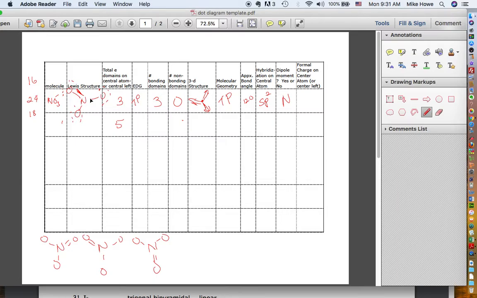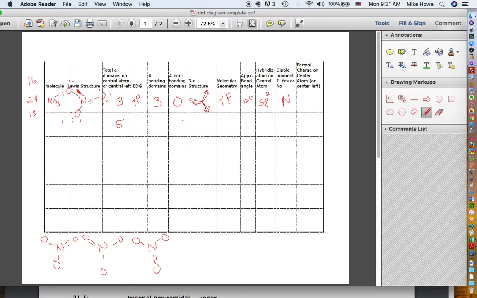What I mean by that is, in a bond, generally one electron comes from one atom and the other comes from the other atom, except in organic chemistry, where it happens a lot that both of the electrons in the bond are provided by one of the partners. But for right now, usually a bond is one electron donated by one partner and the other electron by the other. So in this picture, one of these 2 electrons would come from nitrogen, one of these 2, one of these 2, and one of those 2.